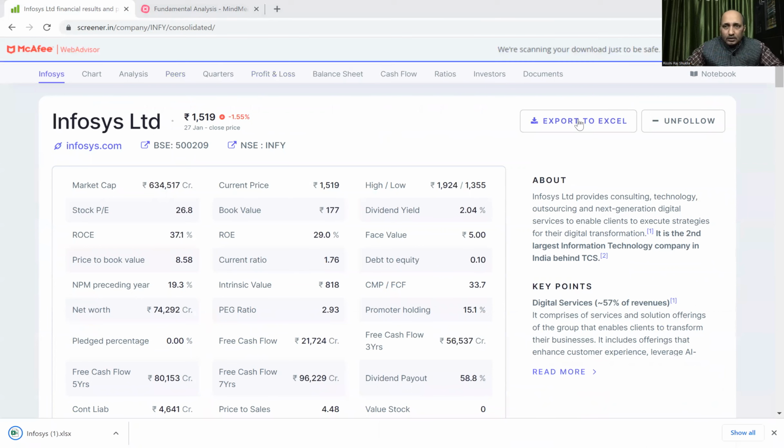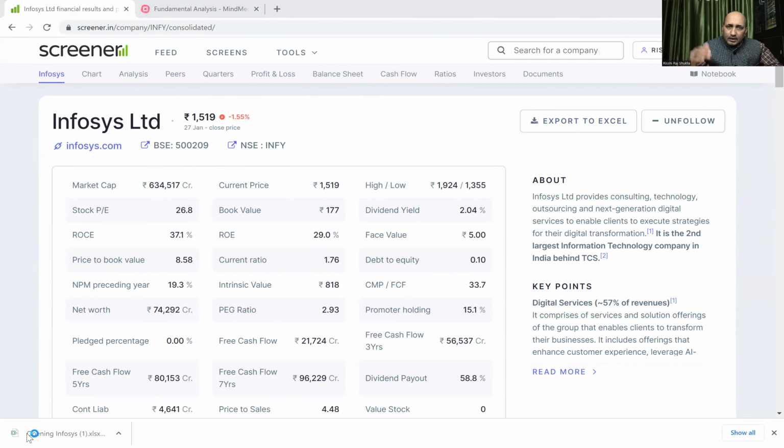We have uploaded one calculated sheet, and we can see any company. So here, all the four figures will be found.